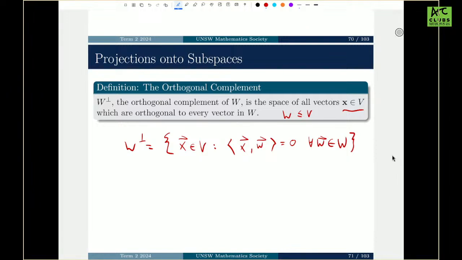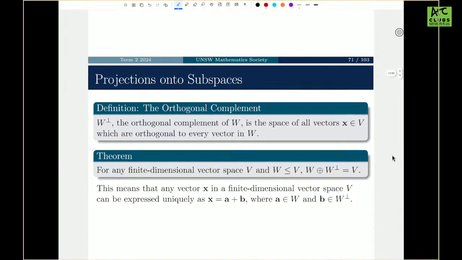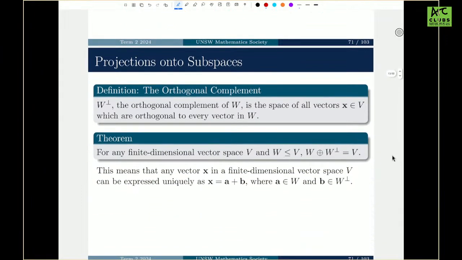That's why we call it the orthogonal complement. The naming convention is quite nice. But we have some theorem that follows from this.